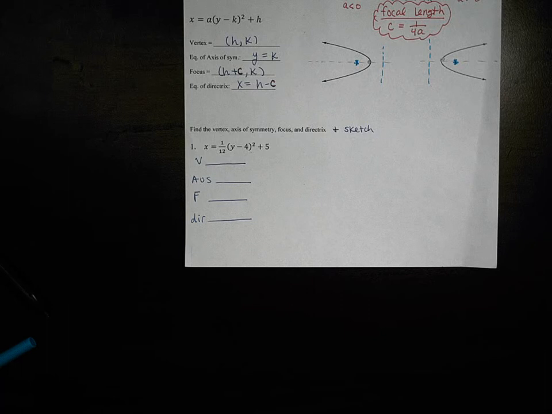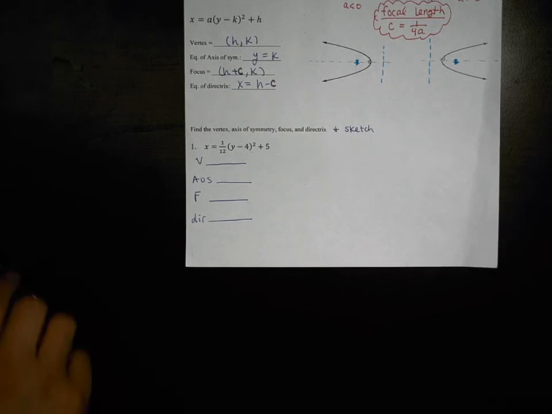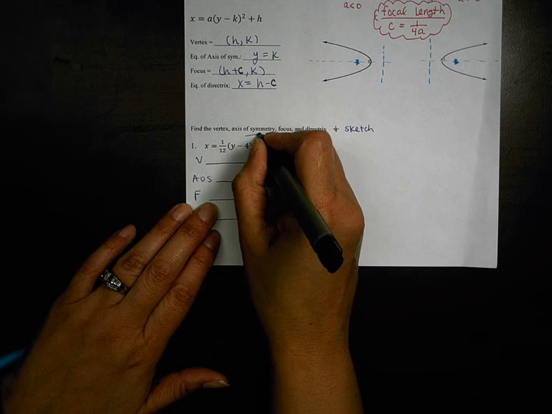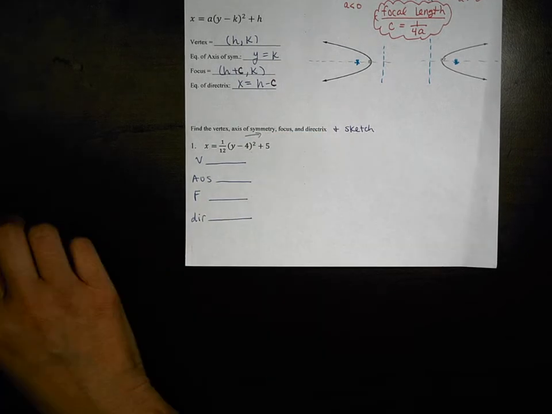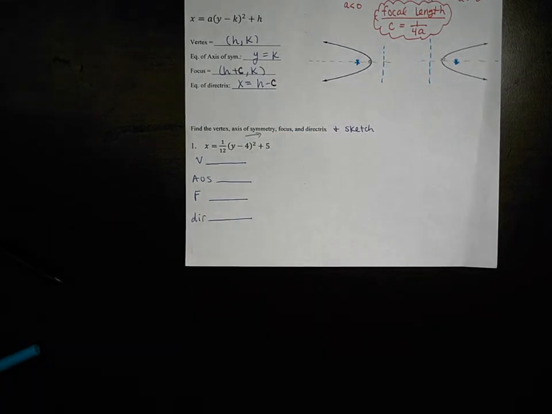It's positive, which means it's opening which way? To the right or to the left? To the right. Okay. Now, opposite of the inside, outside stays the same. Opposite of -4 is 4. Outside stays the same. 5 is going to stay 5.